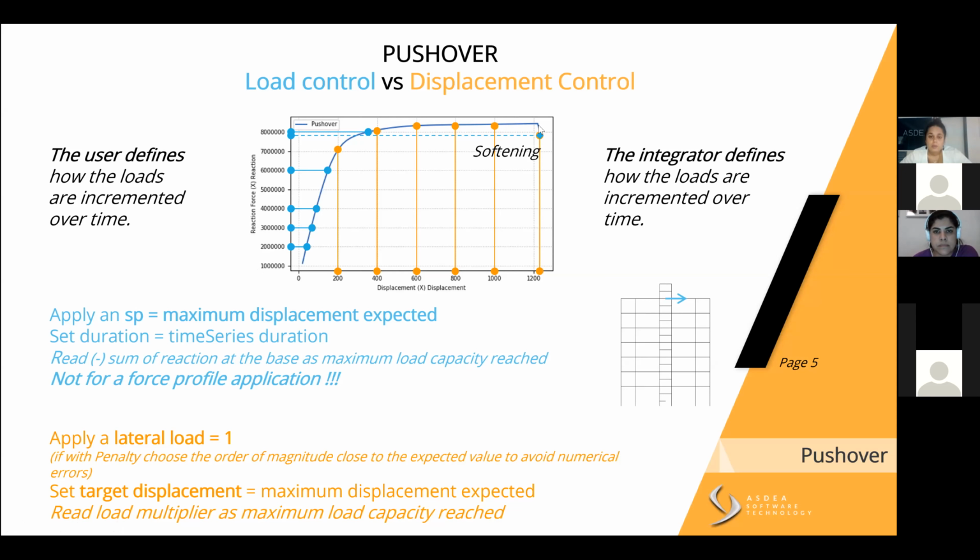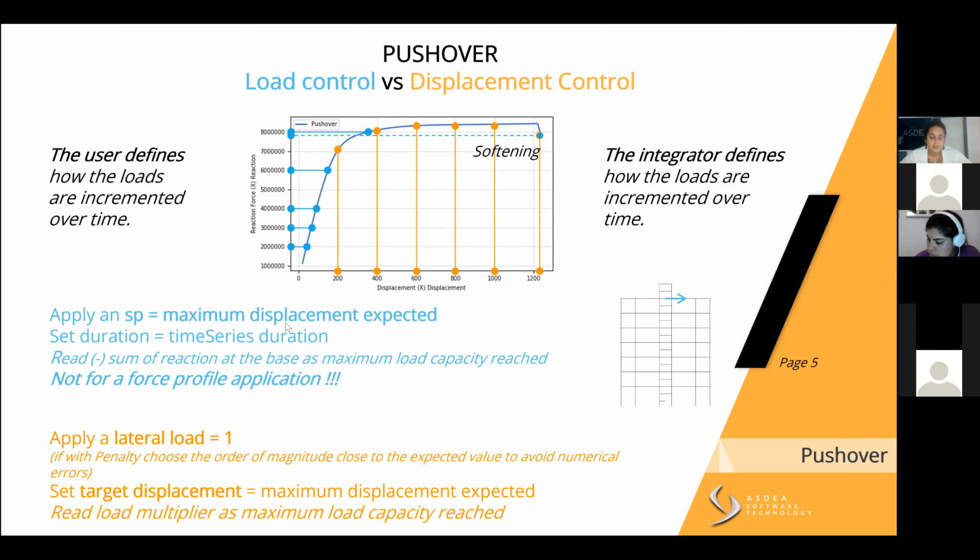And we will not be able to reach this point if we're using a classic load control with loads applied at each of the stories, because an increment of load will never reach this point after having reached a higher point. The load can never go down if you're controlling the increment of load.